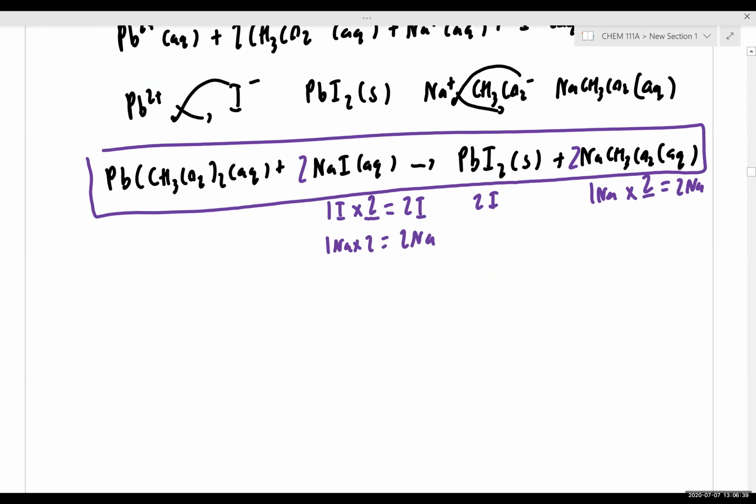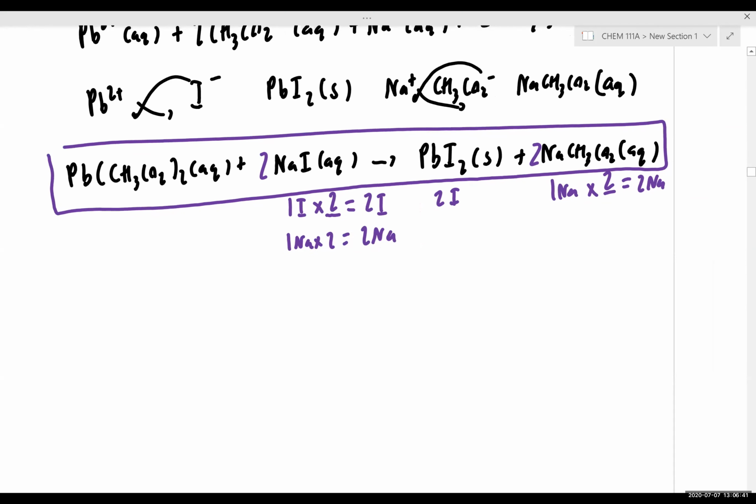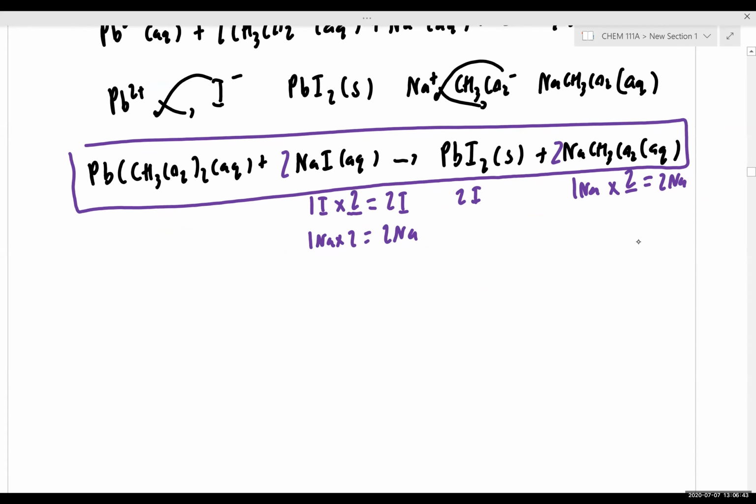So now that we have our preliminary balanced chemical equation, we're going to work now on writing out the total ionic and net ionic equation. First thing we're going to do is dissociate and separate all of our soluble ionic compounds, strong acids and strong bases. So lead acetate separates into lead 2+, 2 acetate ions.